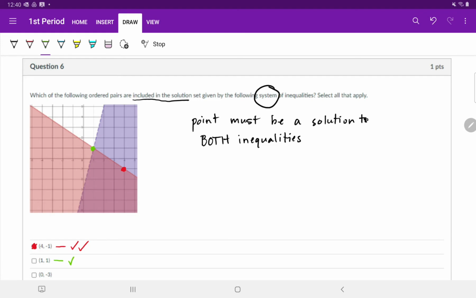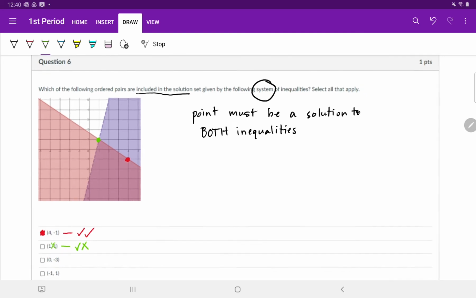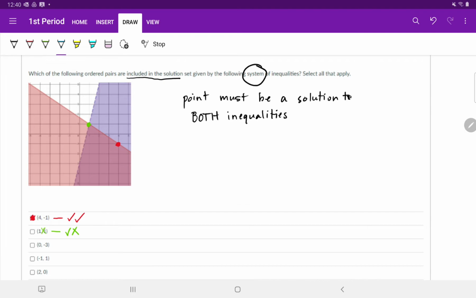Is it a solution to the purple inequality? No, it's on a dotted line for the purple. Dotted line points are not solutions. So even though this is a solution to the red, it's not a solution to the purple, which means it's not a solution to the system. So that's a no. The next point, we'll do in a different color, is 0, -3.